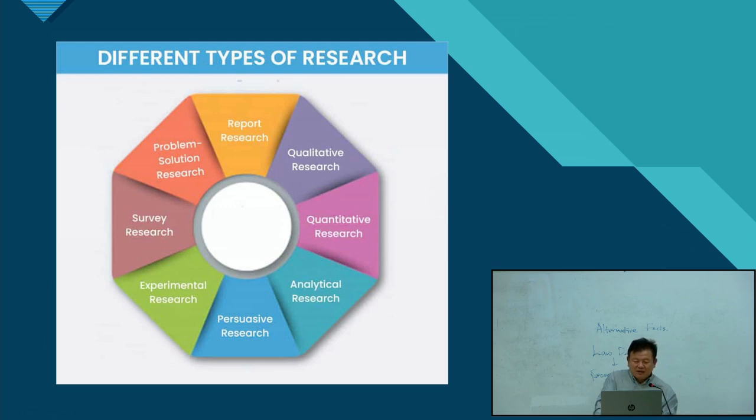Qualitative research is about what the quality is. Quantitative research is about volume, like how many people support something. Analytical research is analysis.